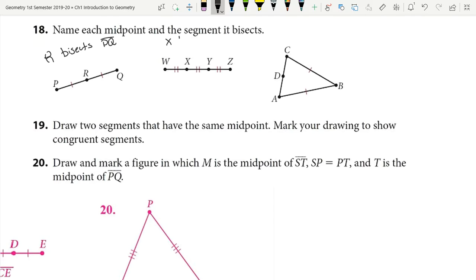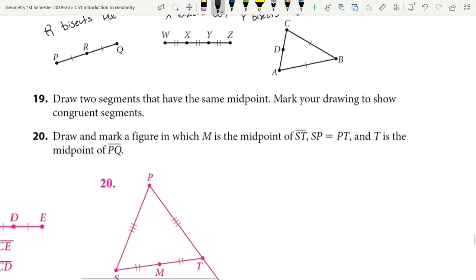Here, point X bisects segment WY, and then Y bisects segment XZ. On the third figure of the triangle, it looks like D is the midpoint, but because it's not marked, it's not. If it had been marked like this, okay, now we can say it's a midpoint, but we cannot assume it unless it's marked. So only R, X, and Y are midpoints.